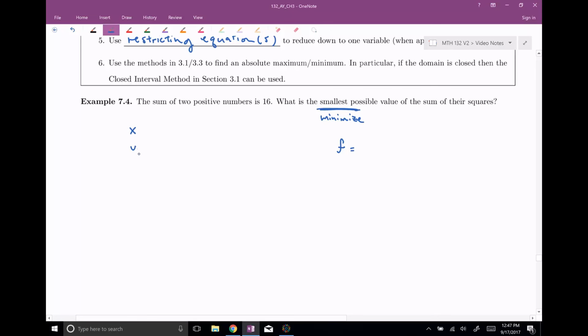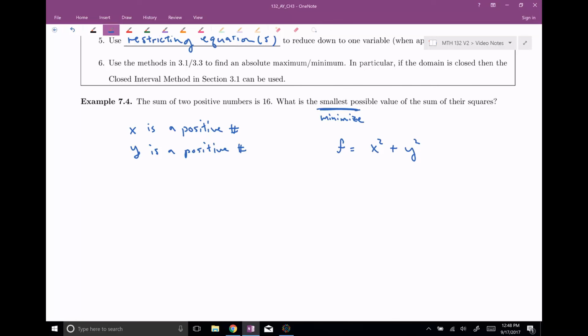So x and y, positive numbers. A positive number is a positive number. Okay. So the thing that I want to minimize in this case is the sum of their squares. So if you square them, and then you sum those together, this is the thing that I want to find the minimum of.